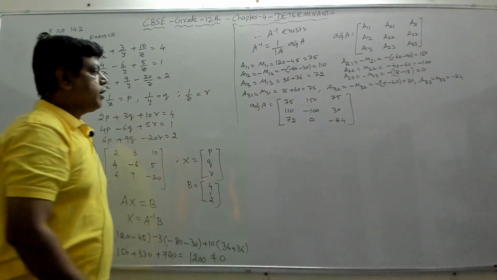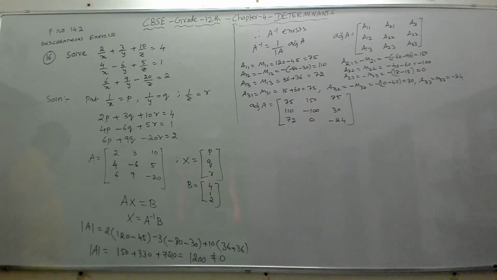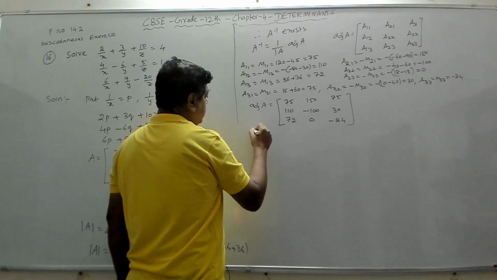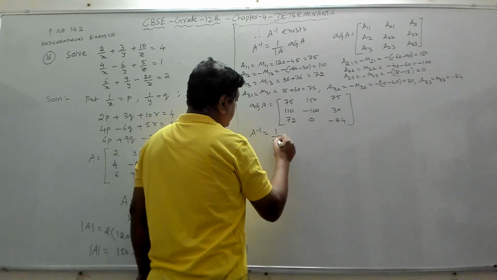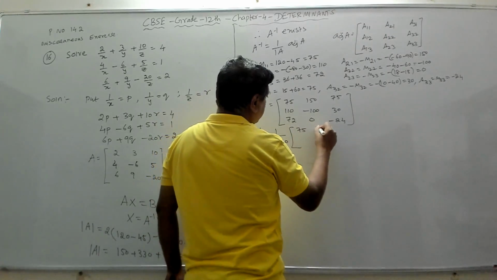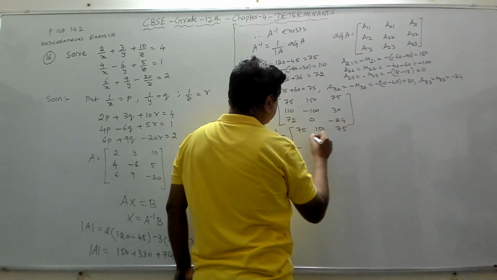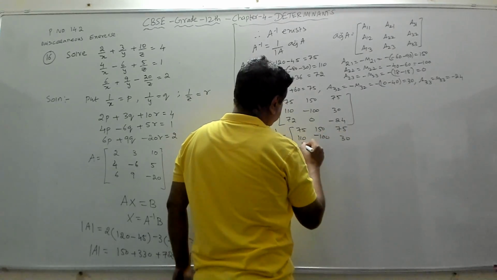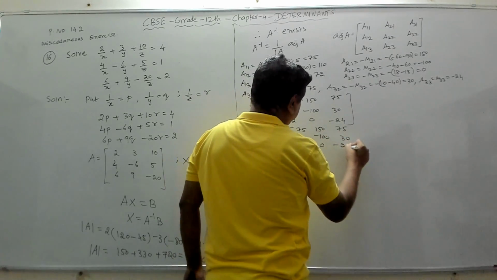This is our adj of A matrix. Now we'll have to find the inverse. So A inverse is 1 by determinant of A, this 1200, into adj of A. Adj of A is 75, 150, 75, 110, minus 100, 30, 72, 0, minus 24.